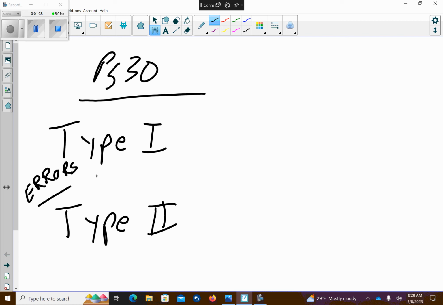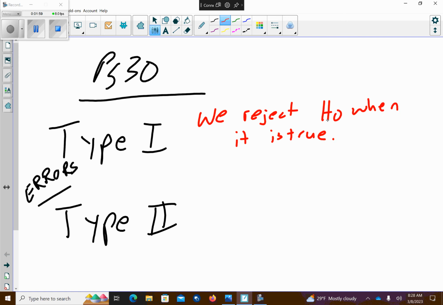Okay, type 1 error. We reject the null when it's true. Okay?